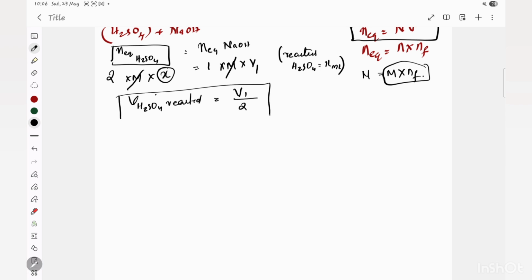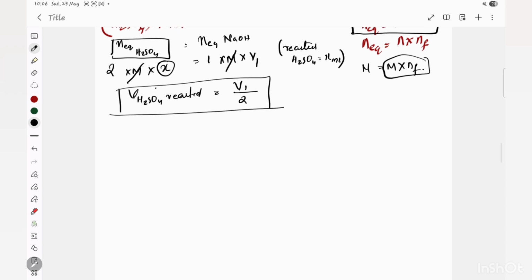Now I got it, V1 by 2. Now we have to find out how much NH3 is absorbed by this H2SO4.